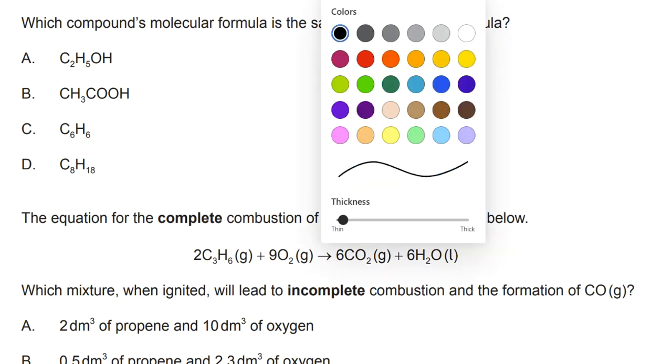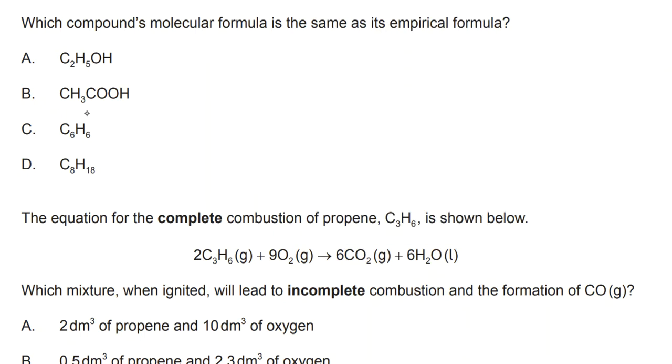So in the first case, it's divisible by 6, and we can have one C and one H. So C and D are going to be eliminated. They cannot be it. And also option letter D, we can divide both by 2. So these aren't the empirical formulas. So option C and D, we're going to cross those out.